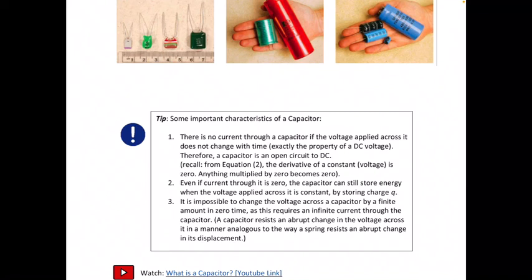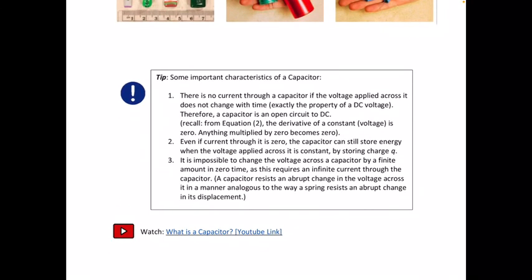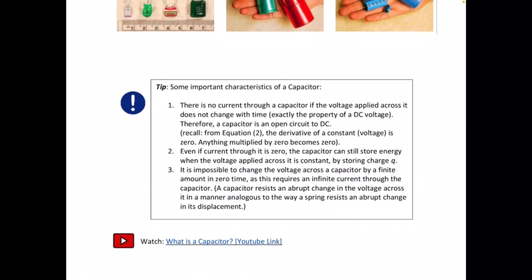Just to recall from equation 2, the derivative of a constant is 0. So in a DC environment, the voltage is constant, and when you differentiate that, it becomes 0. So a capacitor is therefore assumed to be an open circuit to DC.